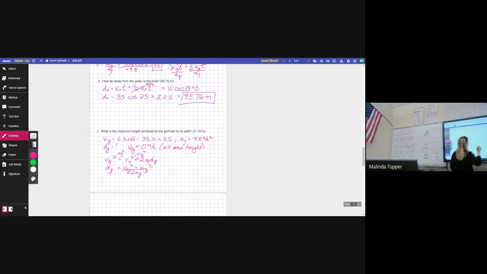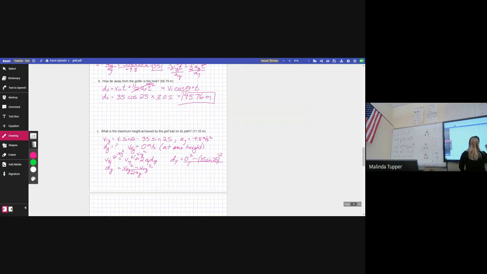That leaves me with my vertical height being 0 squared minus 35 times sine 25, squared. You could solve this first if you wanted to and get it to be just a number. That would be fine too.